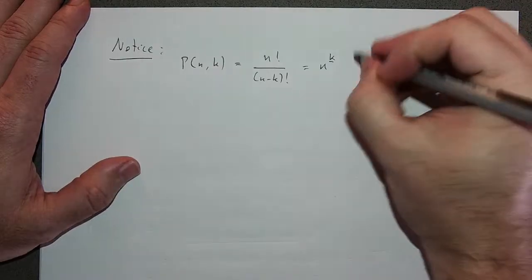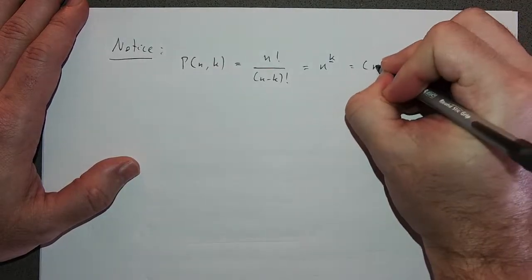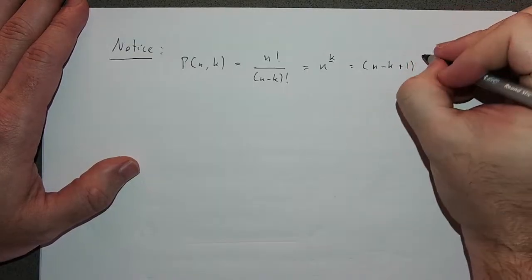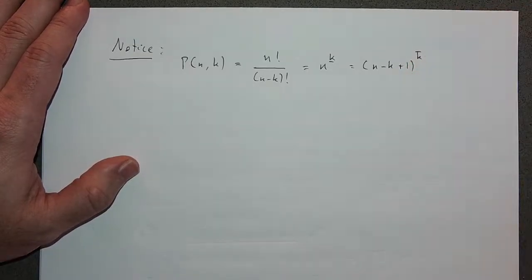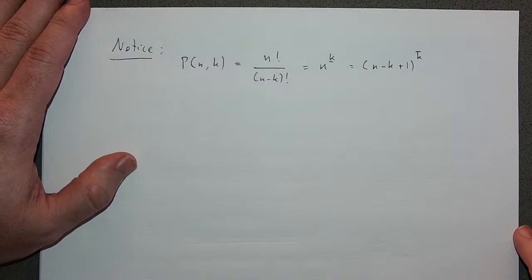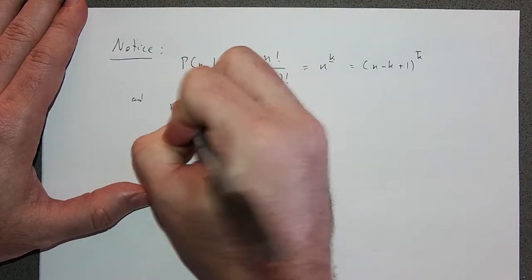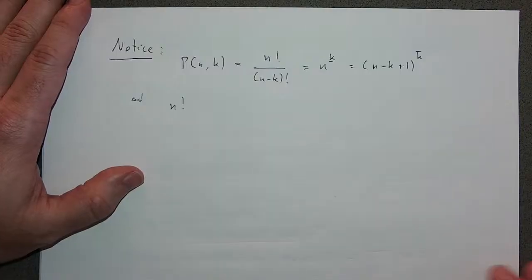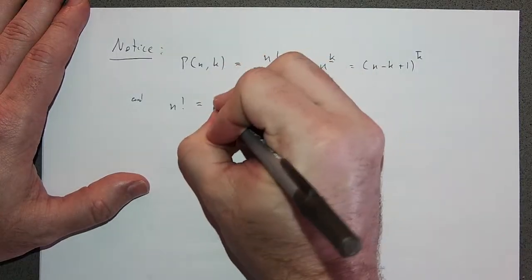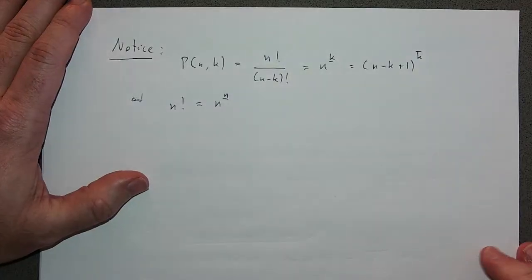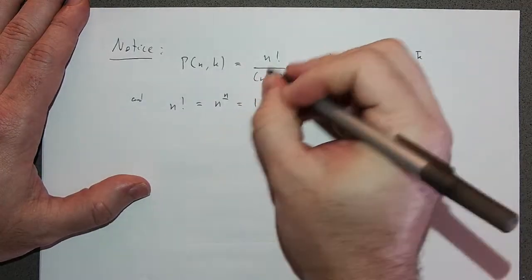But that could also be written as n minus k plus 1 to the k rising. And n factorial itself could be written either as n to the n falling or 1 to the n rising.